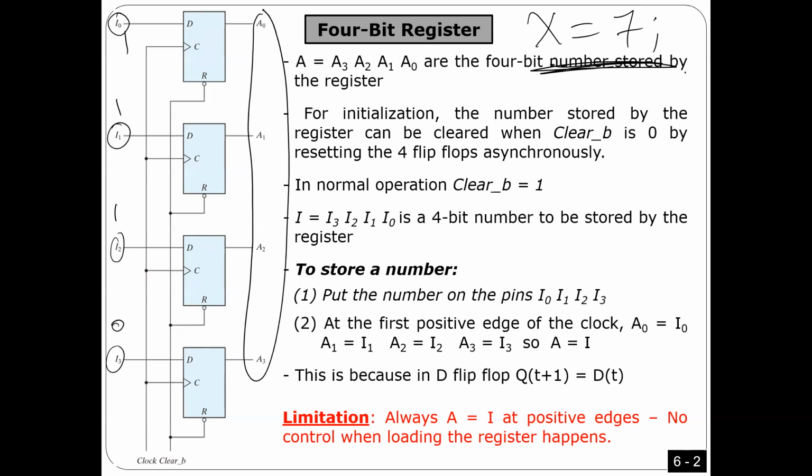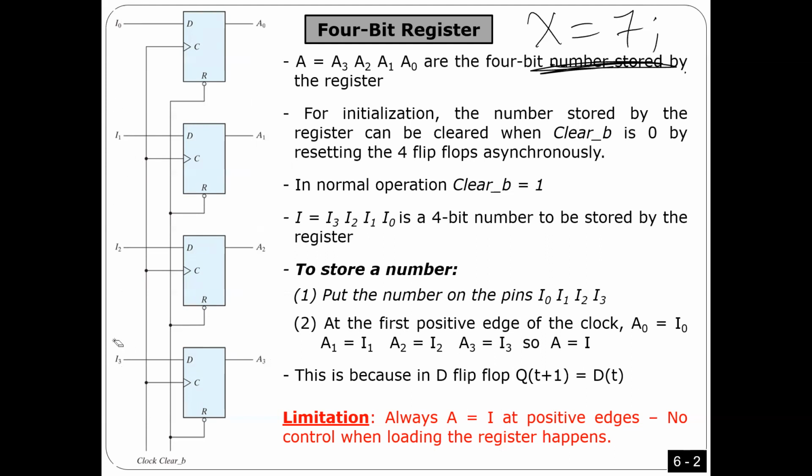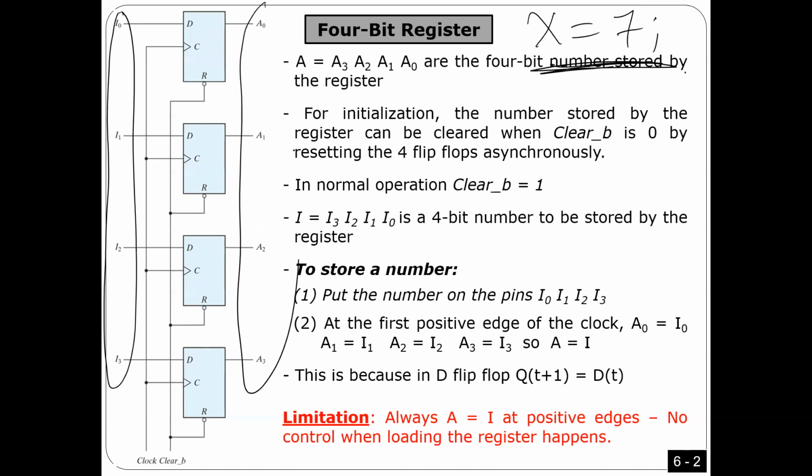You got it? So again, you can see here, this is the input, and this is the value stored by the flip-flops. Once I put a number here, at the first clock, this number is going to be stored here. You got it?